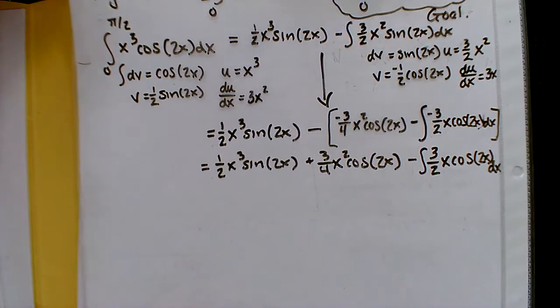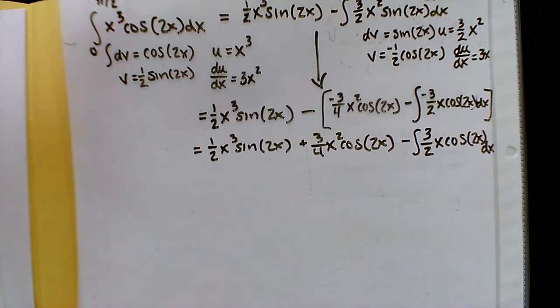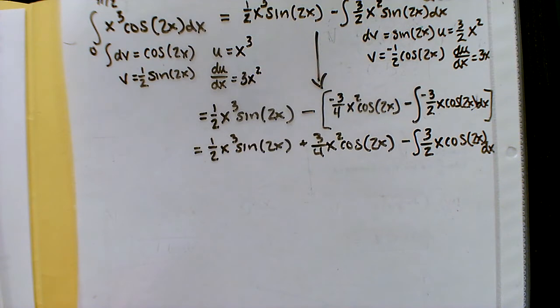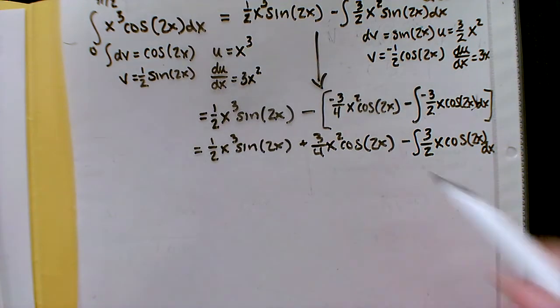What do you want to try for this one? Can we easily figure it out, or do we have to use some type of technique? Caitlin sees it. What are we going to do? We're going to do by parts again.